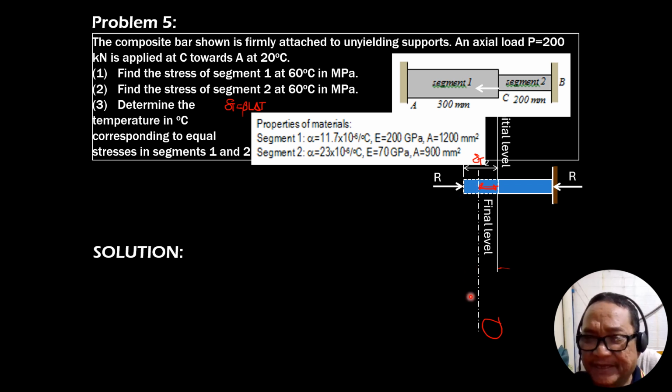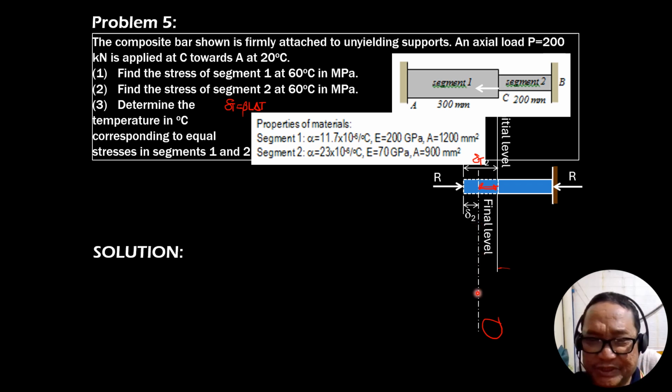From this final level of segment 2, this deflection from the final end after we allow it to expand from this position to that position is denoted as deformation due to stress. So I'll call that deformation due to stress, delta 2.